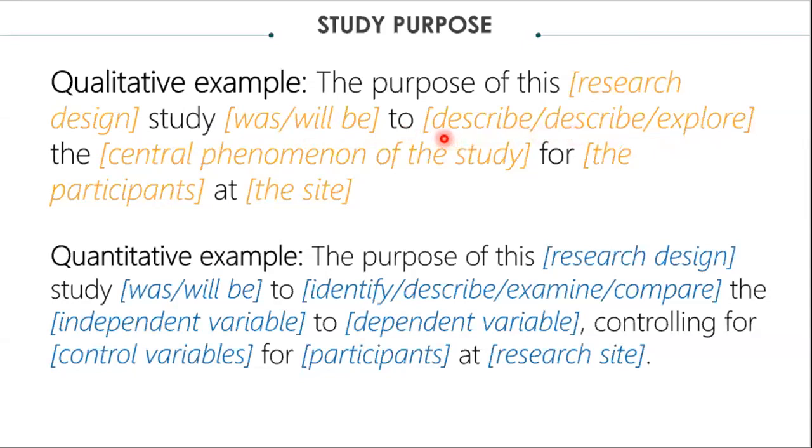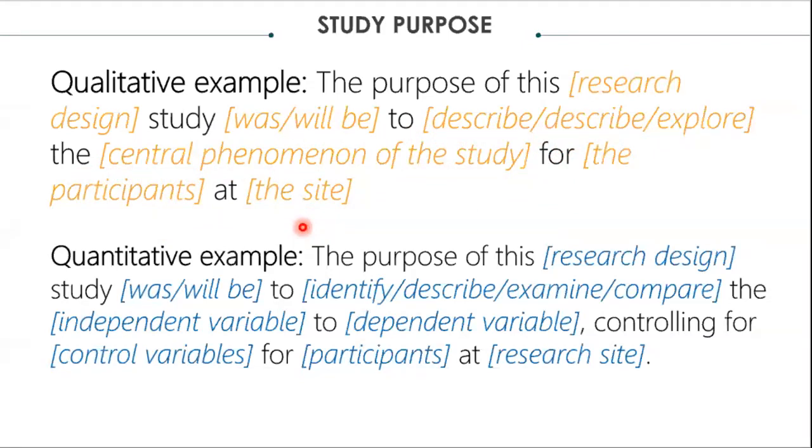So here you might say, to develop a theory about, and then you would plug in your central phenomenon and some information about your participants and maybe where they're situated. So you could say, to develop a grounded theory about giving birth among Black women in the United States. That's just an example of what you might say.